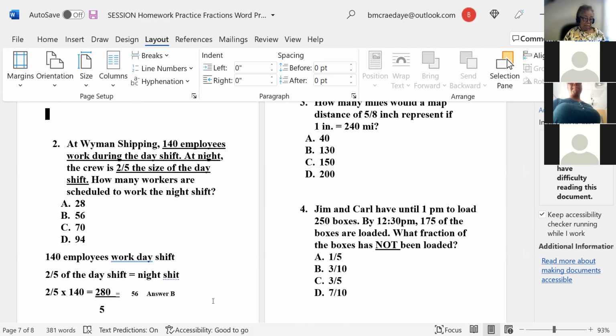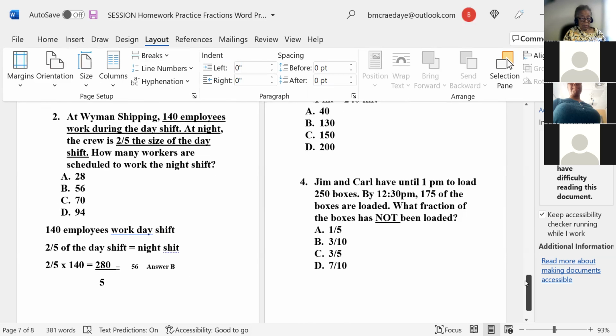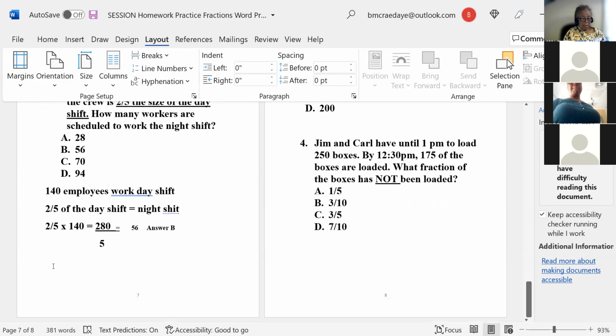Really mental math, right? Yeah, that's true. But my brain was gone. Right, double the 140, like you said, which is 2 times 140, divide that result by 5, and you get the answer 56.